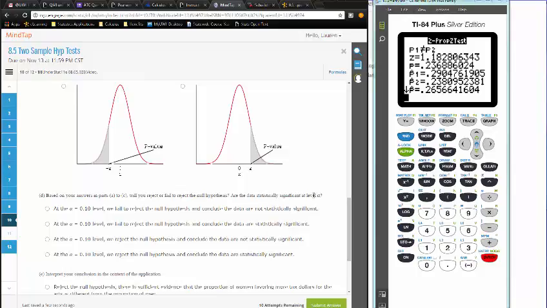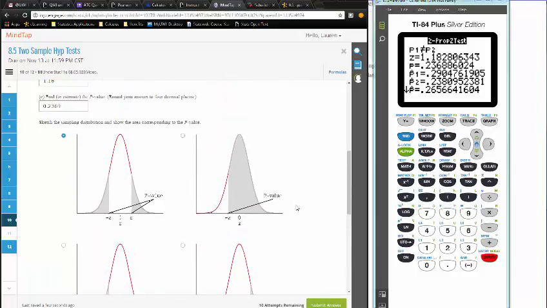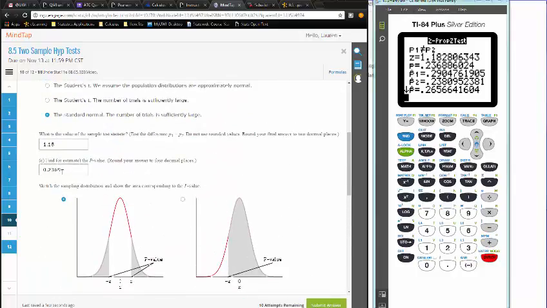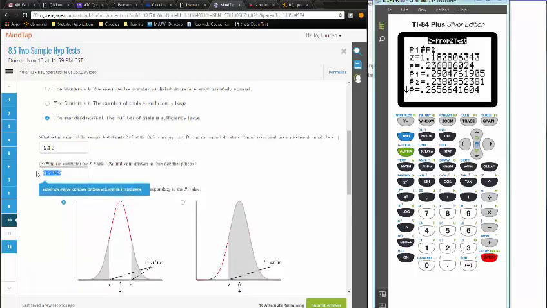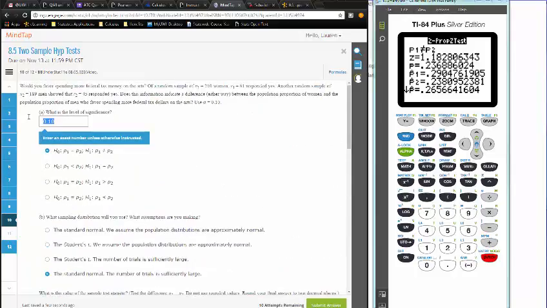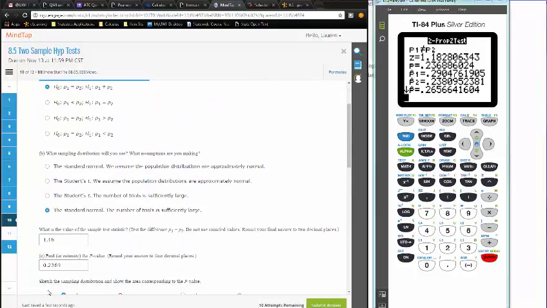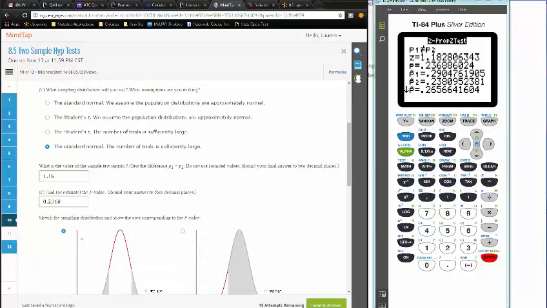If the p-value is less than alpha, then we are statistically significant. That means it's so unlikely, or our p-value is low enough that it's less than our level of significance, and we are willing to reject. Our p-value was 0.2369. You can compare that to 0.1, the level of significance. We'll see that p is not less than alpha.